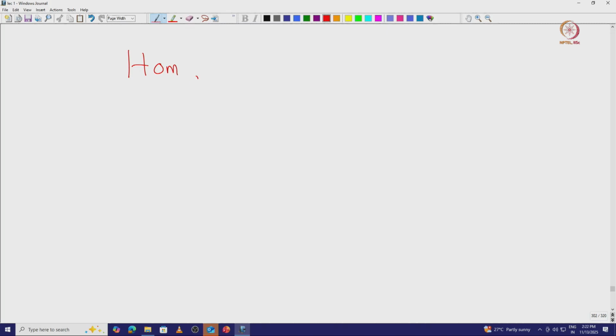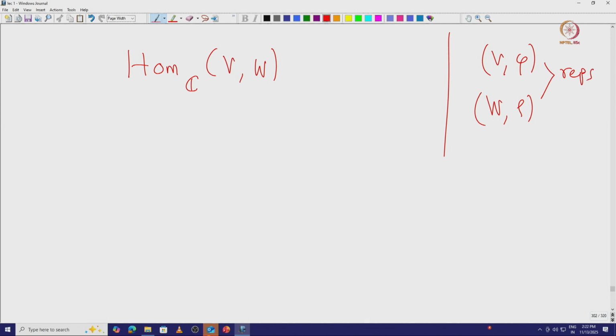Here you can see that this hom space itself can be realized as a representation of G. So, let us say V comma phi and W comma rho are two given representations of G. Now recall that the hom space is nothing but all possible linear maps from V to W, that is, C linear maps.